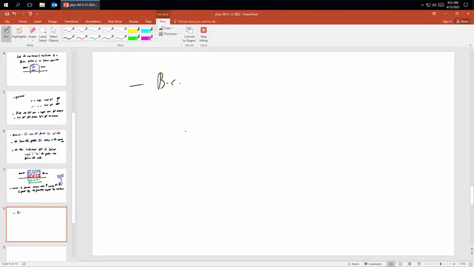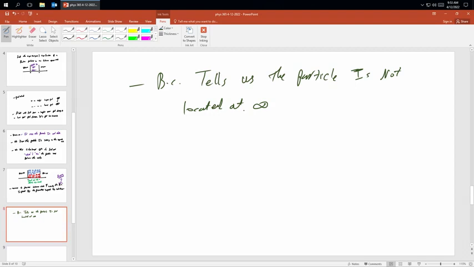Okay, so your boundary conditions tell us the particle is not located at infinity.